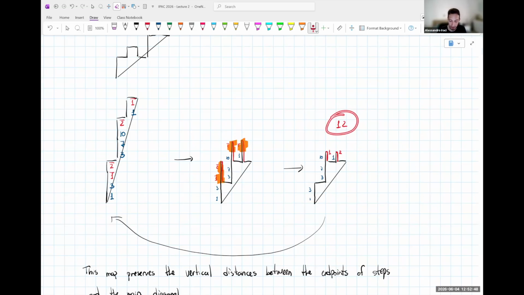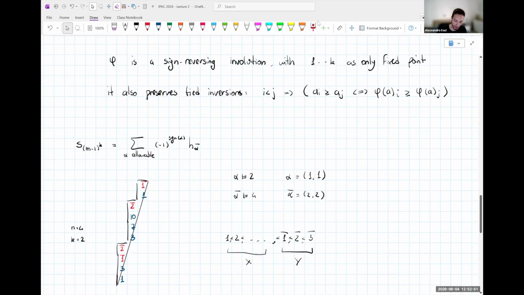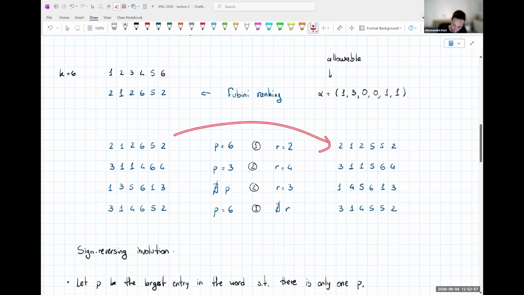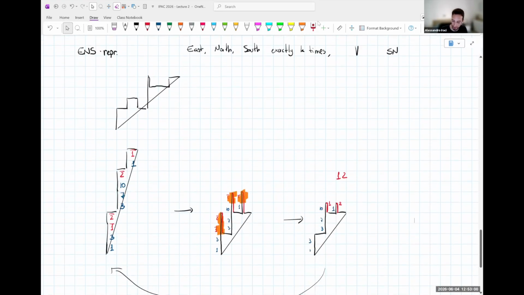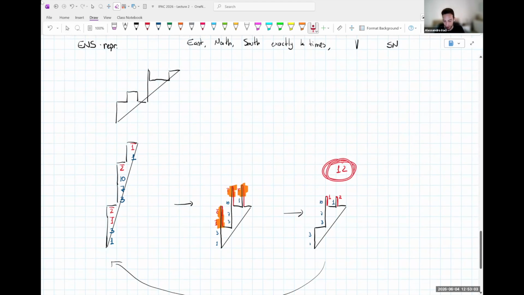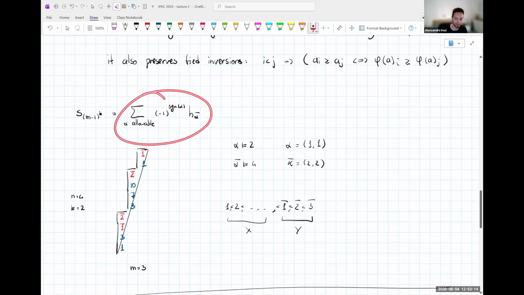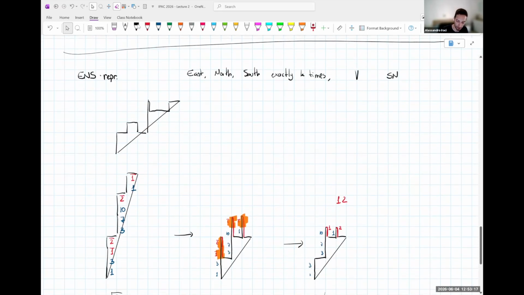And then if we apply this phi map here to this word and change these labels accordingly, we get another path with the exact same div, but these two paths appear with different signs in the expansion of this expression, because I'm skewing with two things that have opposite signs.